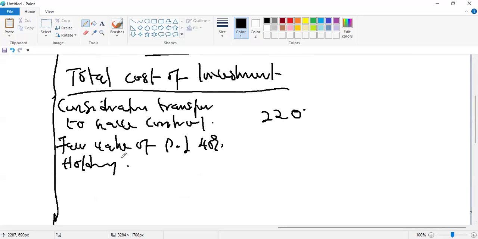The question will tell me: the previous 40% investment was now 3,000 million.